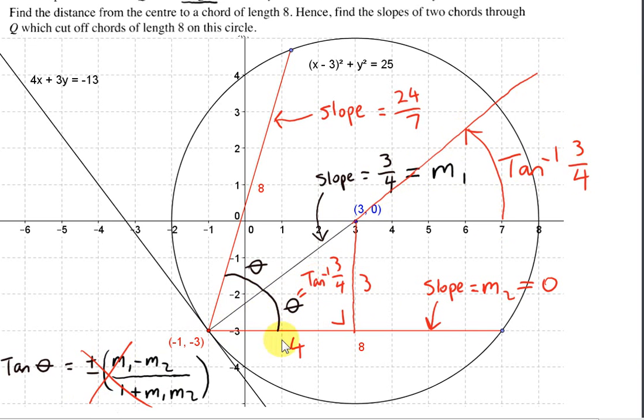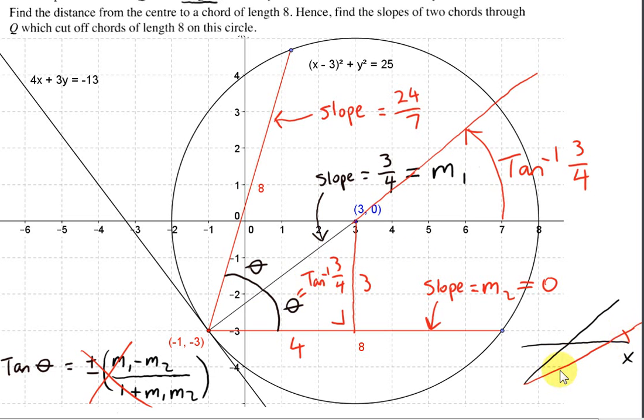Now to get the slope of the chord, we need to find the angle between the chord and the positive x-axis. So basically we would just consider these two angles. Like if the chord wasn't horizontal like it is here, say it looks like this, then it cuts the x-axis and makes an angle with the x-axis.